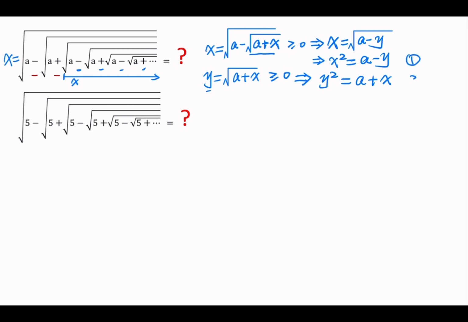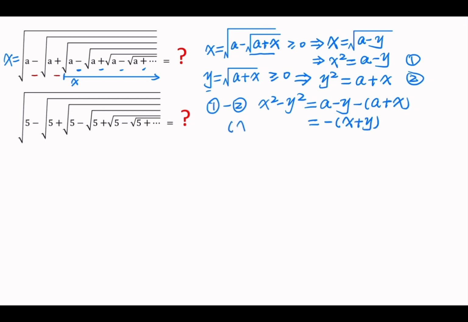If this is equation 1 and this is equation 2, we use 1 minus 2 and get x squared minus y squared equals a minus y minus a plus x, which equals negative x plus y. And the left side we can write as x plus y times x minus y.